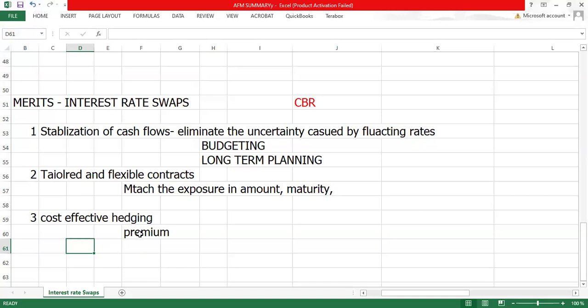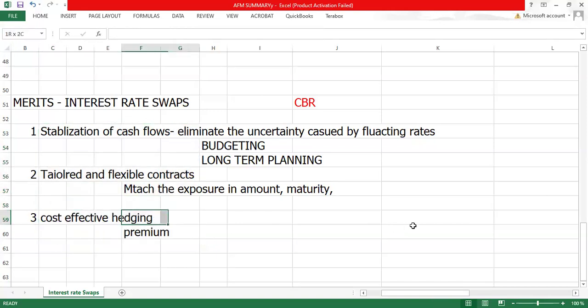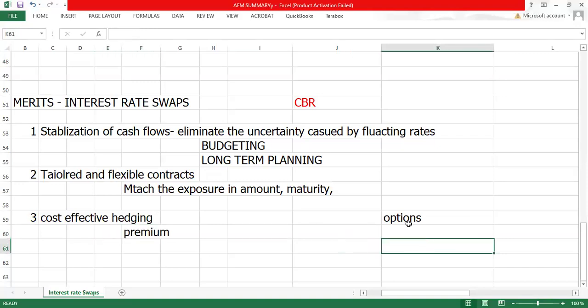And what I have liked with these topics, options, swaps, futures, is that the points you put here can help you even when you're dealing with, let's say, the options. Because when I say it is cost effective, just imagine I'm explaining options. Options is not cost effective, because here you will be paying the upfront premiums. It's one of the demerits when it comes to options.